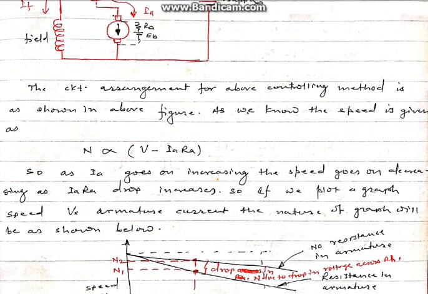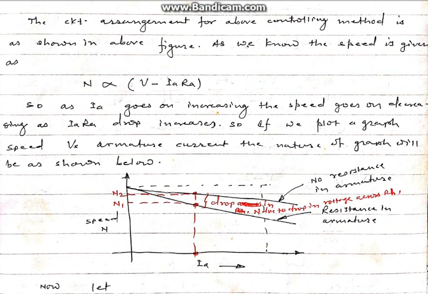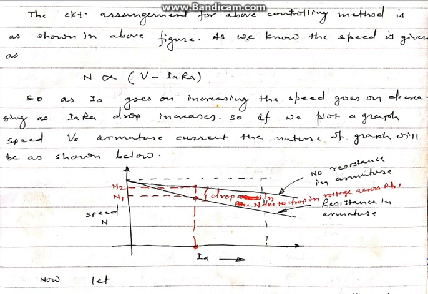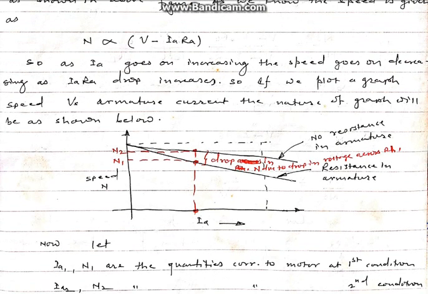It is graphically represented as: as armature current increases, the speed goes on decreasing. For no resistance in armature and external resistance in armature, two graphs are shown over here, and the gap between these two graphs is the drop in voltage across the rheostat.